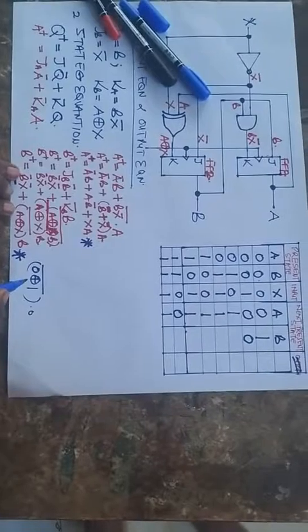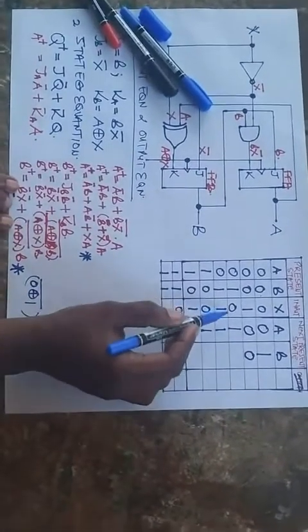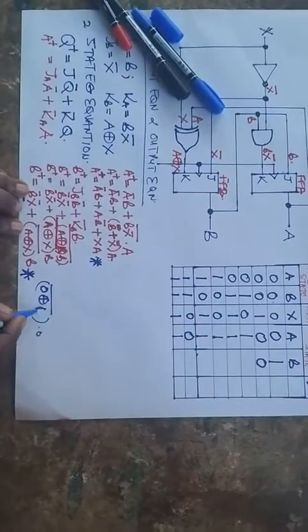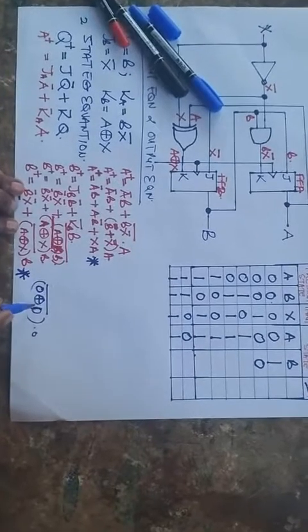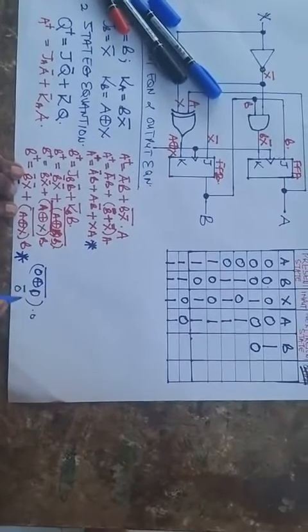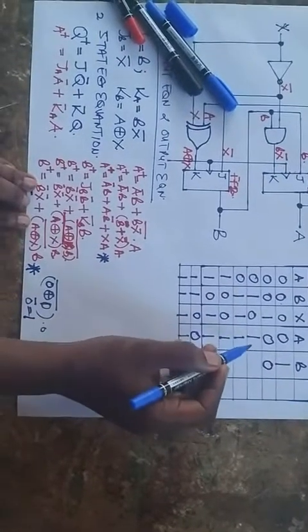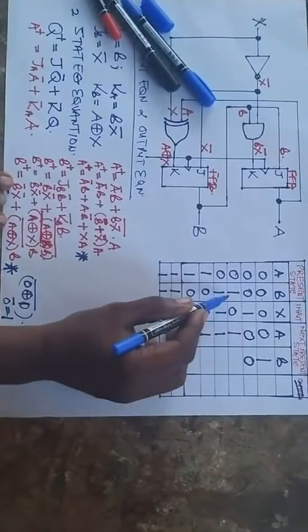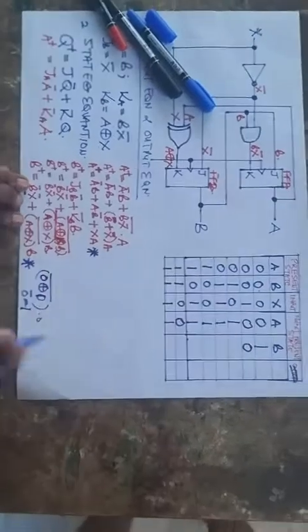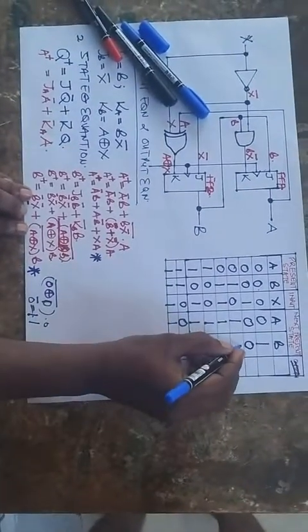So I have 0 exclusive or X. X is also what? 0. Okay, now 0 exclusive or 0 is what? 0, but bar, so it's going to be 1. And then the B is given 1, right? So 1 times 1 would be 1.